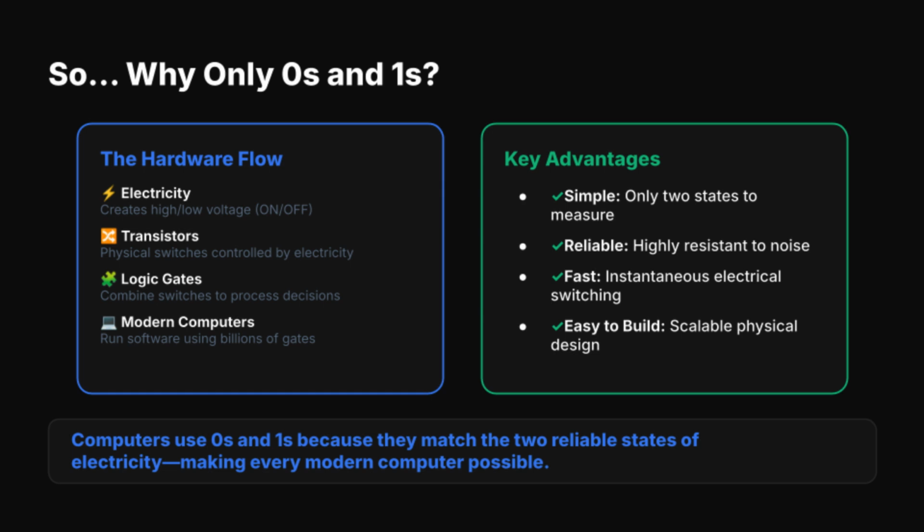This approach isn't just simple, it's incredibly practical. Using only two states makes computers easy to build, fast to operate, highly reliable and resistant to electric noise. So, the next time you hear that computers only understand zeros and ones, remember it's not because they were designed to understand numbers. It's because it is the most reliable way to represent the physical world inside a computer. And that's the reason every modern computer speaks the language of zeros and ones.